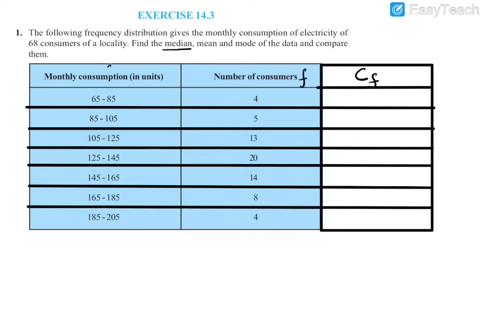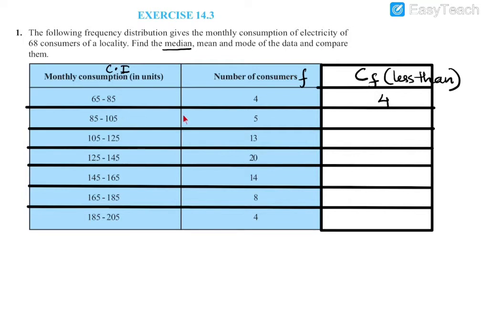And the monthly consumption is the data which is given as class intervals. So we are going to write down less than cumulative frequencies for this data. So number of consumers less than 85 will be 4. We copy the same frequency as cumulative frequency for the first class interval.